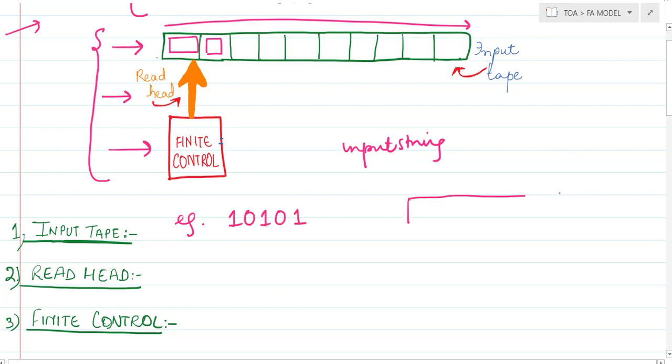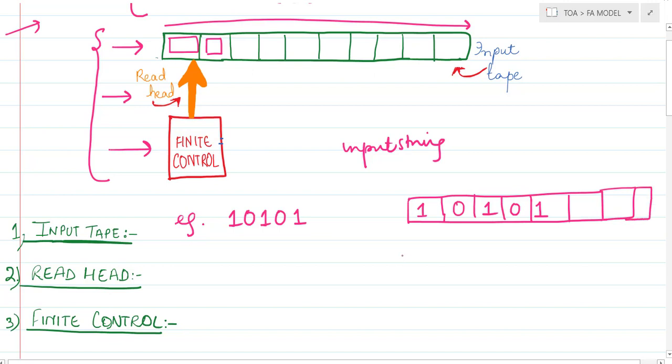So how are they placed in this input tape? First I'll draw an input tape with the identical squares. Now the symbols are placed like 1, 0, 1, 0 and 1. So this is the placement of the symbols. Here you can have empty squares available as well. So each square is capable of holding one symbol.